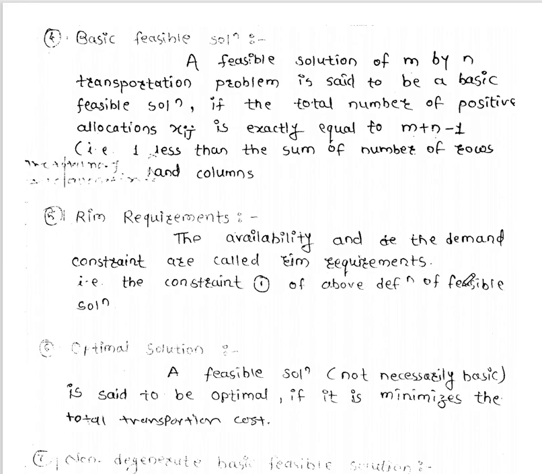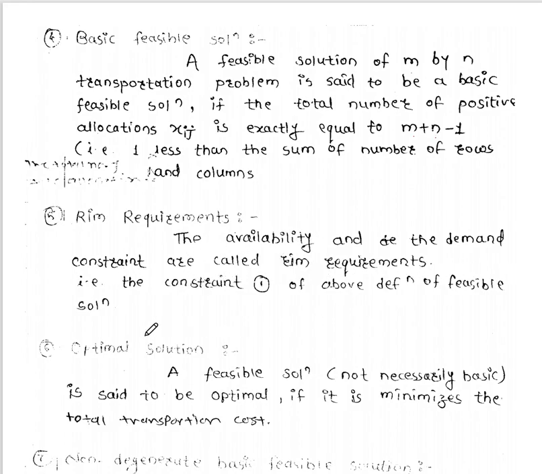So a1, a2, ... am are the availabilities and b1, b2, ... bn are the demand constraints. That requirement is called the rim requirement.